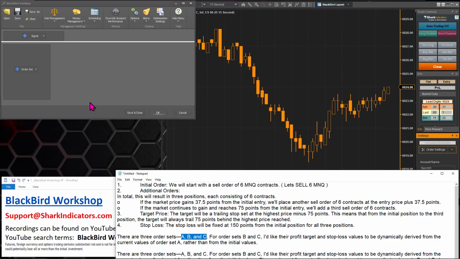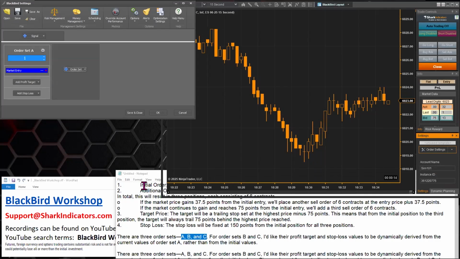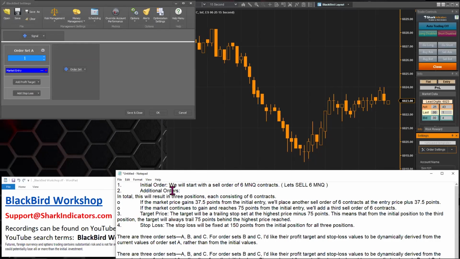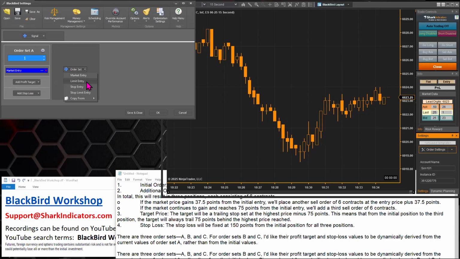The first entry is going to be a market entry. Since it doesn't say, I'm just going to use a market entry. But for the two scale-ins, I have two different options. I could use a market entry, or I could use a limit entry, and I think I'm going to go with the limit order.